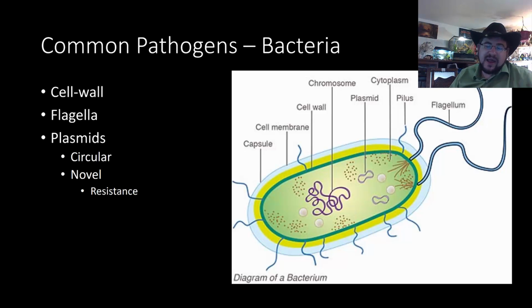Methicillin is an antibacterial, and it's methicillin resistance. That resistance gene that allows it to not be killed by methicillin is carried on a plasmid. Plasmids can also allow a harmless bacteria to produce toxins.